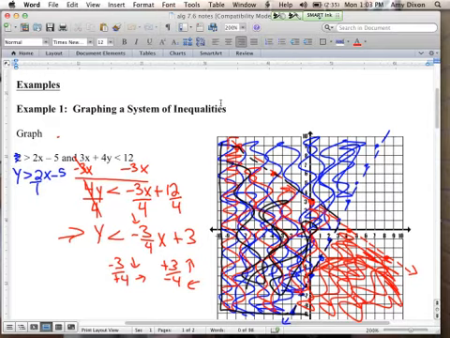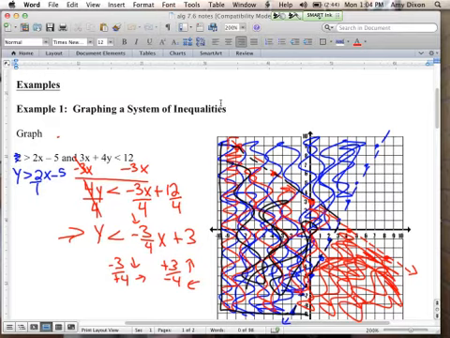The ones where there's no color will not make either inequality true. The shaded area in blue will only make the first inequality true. The ones in red will only make the second inequality true.